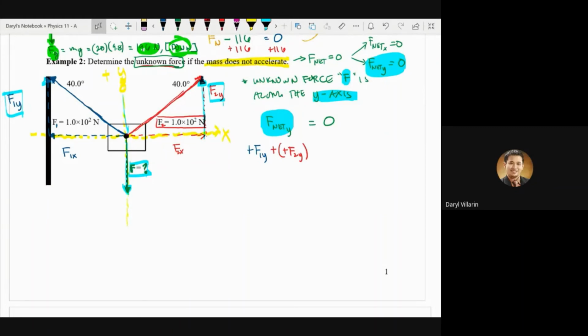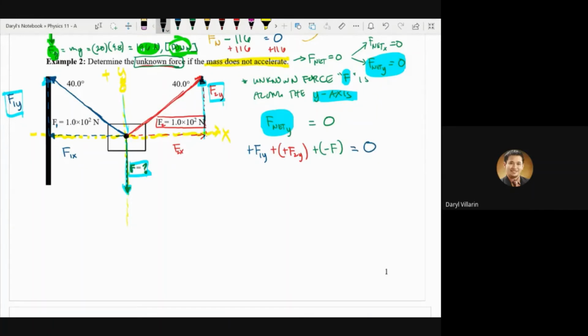And you have the negative of F, negative since it is downward, and then the sum of everything is equal to 0.